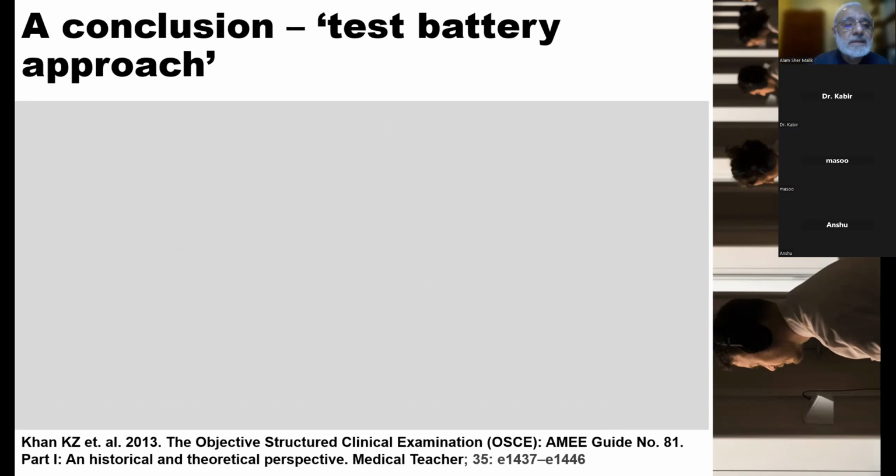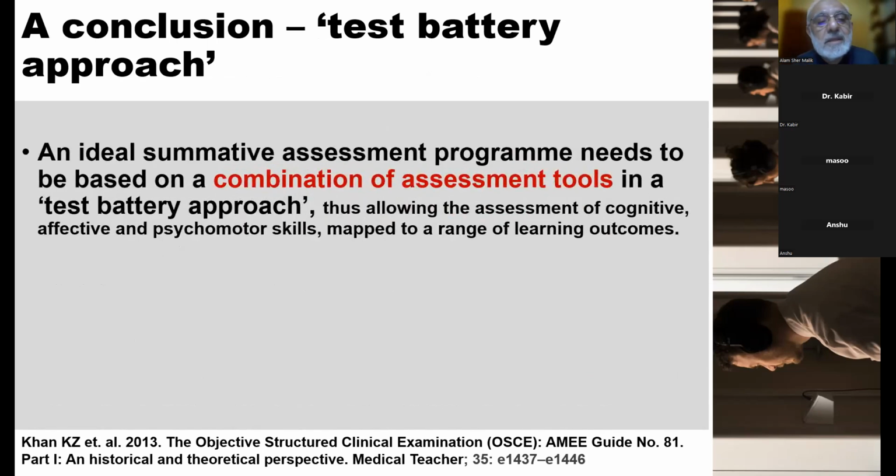Having said that, an ideal summative assessment program needs to be based on a combination of assessment tools in a test battery approach. It means that we should realize that OSCE cannot test everything. So we have to have multiple assessment methods, what is called the menu or test battery approach, where OSCE is one of the assessment methods and not the only assessment tool.